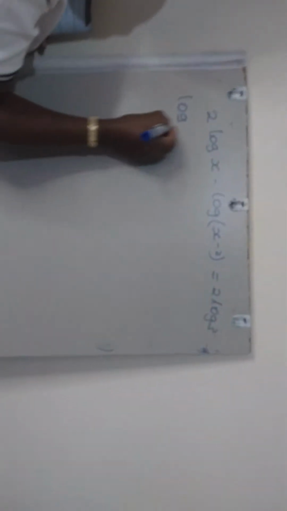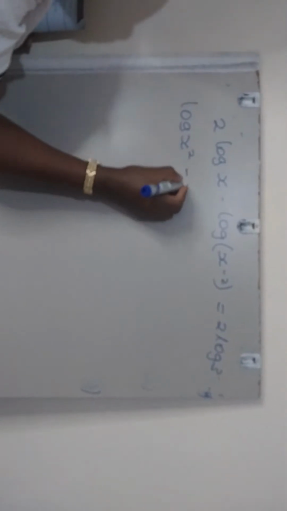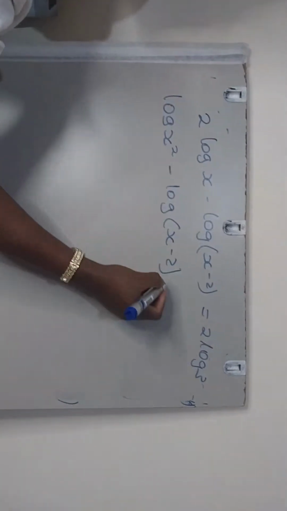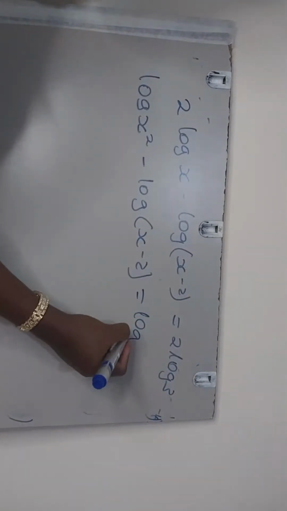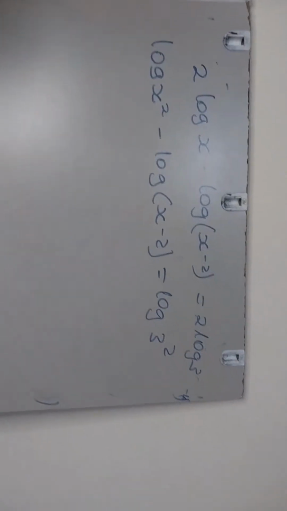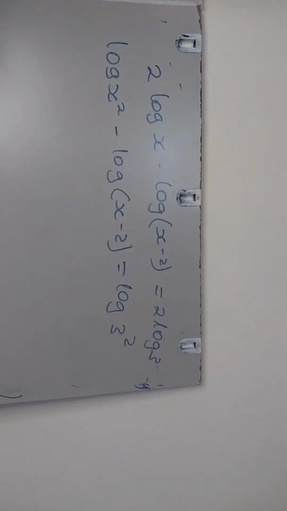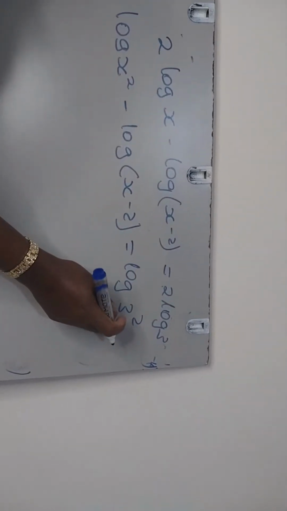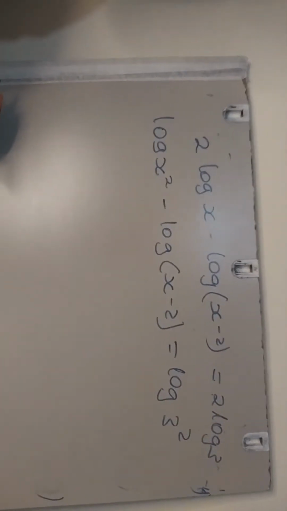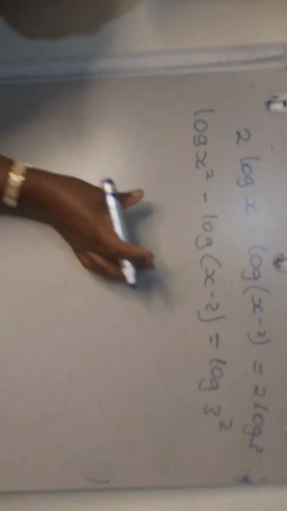So this becomes log x squared minus log x minus 2 is equals to log 3 to power 2. Good. What is 3 to power 2? 9. So the next time we are dealing with this, we'll just put a 9.